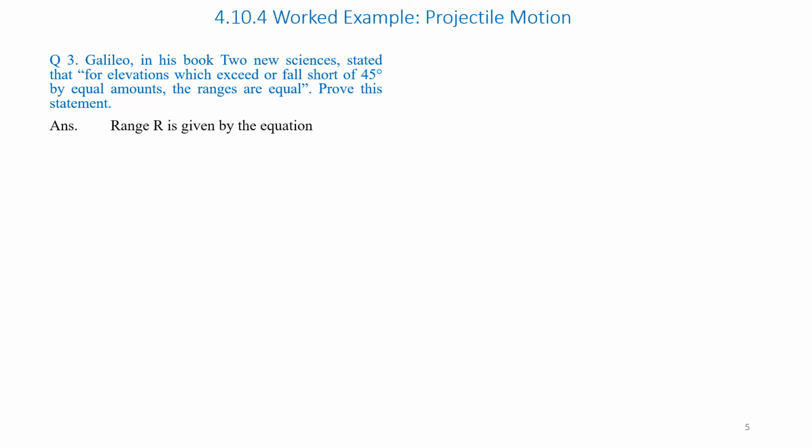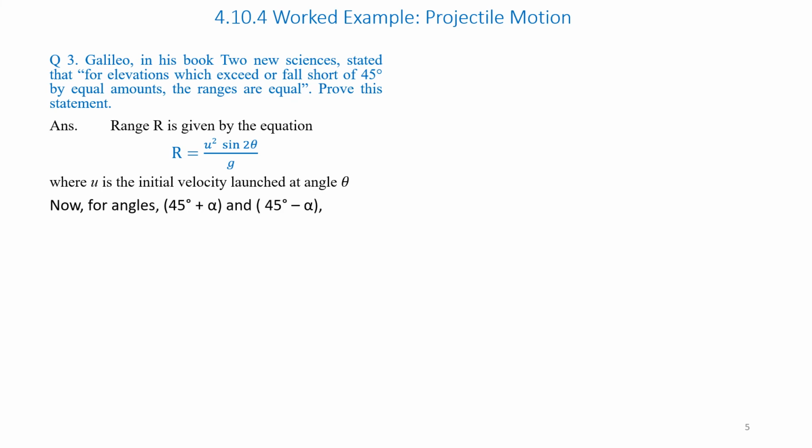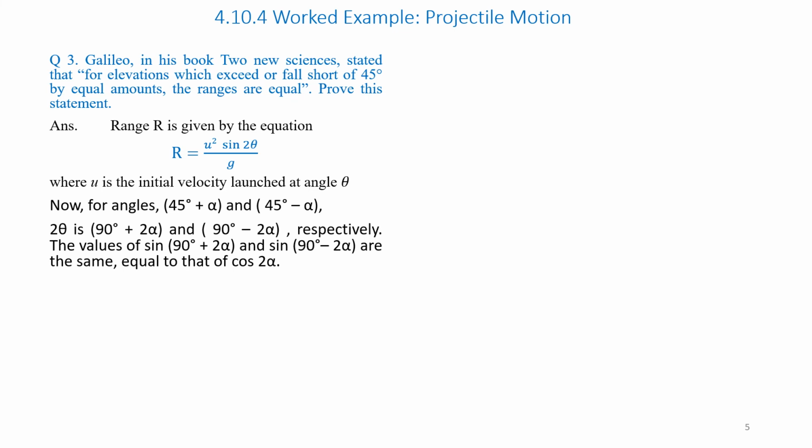Range R is given by the equation R is equal to u square sin 2 theta by g. This is the derivation we have explained in the previous slide, slide number 3, where u is the initial velocity launched at angle theta. Now for angles 45 degrees plus alpha and 45 degrees minus alpha, 2 theta is 90 plus 2 alpha and 90 degrees minus 2 alpha respectively.